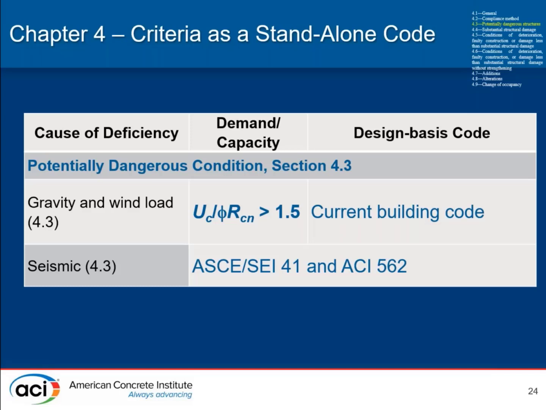If your deficiency is due to seismic, then you're going to go to ASCE/SEI 41 and 562 to determine how to proceed. That really, ASCE 41 becomes the design basis code.